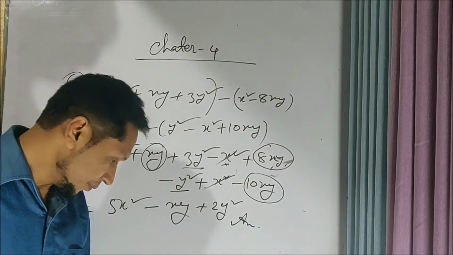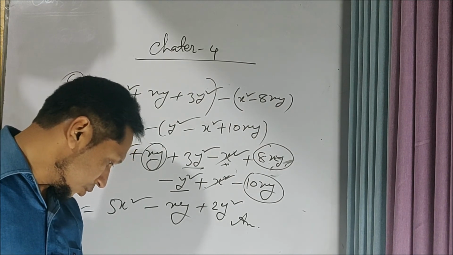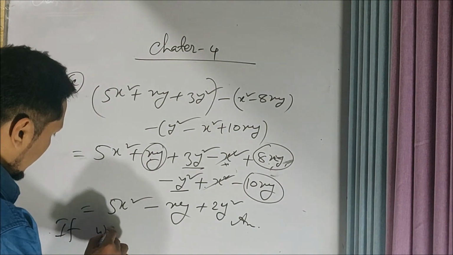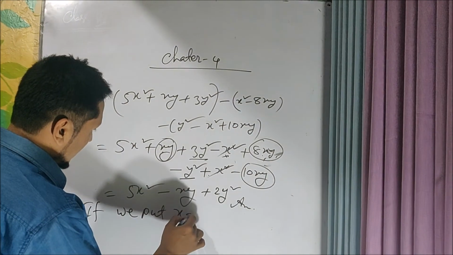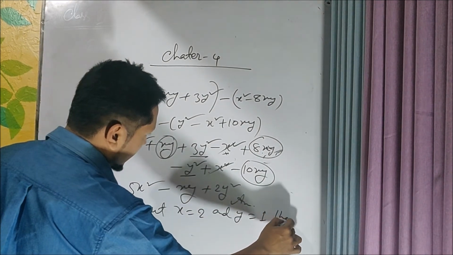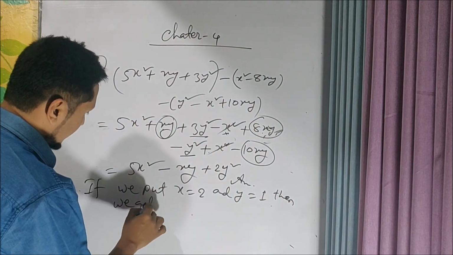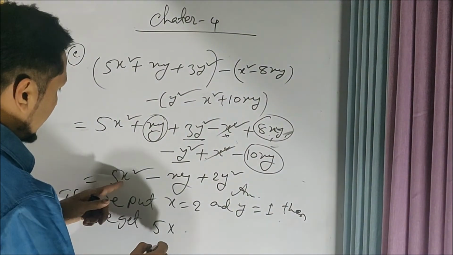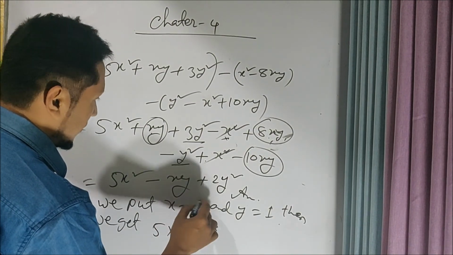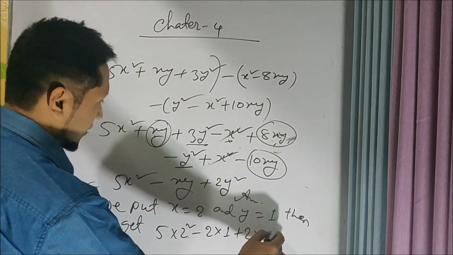And another part says value of x is given 2 and y is given 1. Okay. So if we put x equal 2 and y equal 1, then we get 5 into 2 square minus 2 into 1 plus 2 into 1 square.